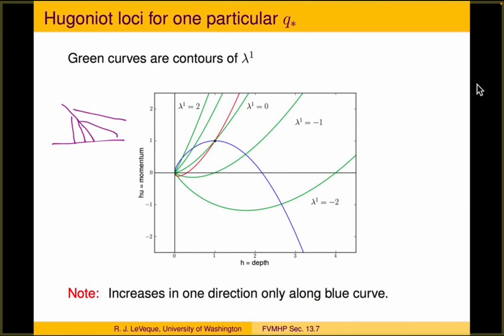The 1-characteristics, that is the curves along which x prime is lambda 1 of q, for the states ql and qr. And so if we have some particular point that we're looking at, q star again, this blue curve is again the set of all points that could be connected to that point with a 1-wave that satisfies the Rankine-Hugoniot conditions.